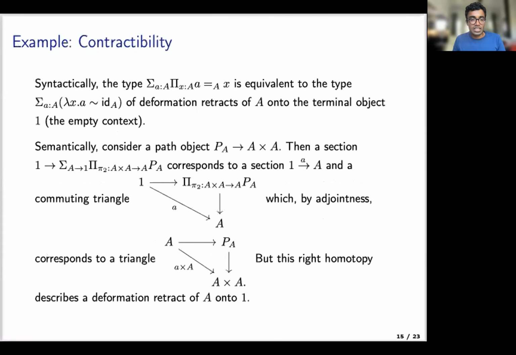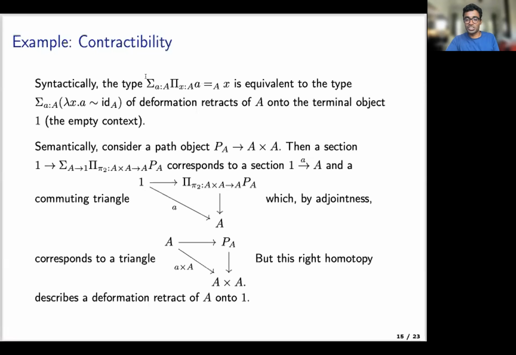Right, so here's an example. Let's try to get our hands dirty between syntax and semantics. Syntactically, you know the now probably very familiar type, I think it's called isContr, is contractible for a given type, big A. This type is the type of proofs that say that A is contractible.